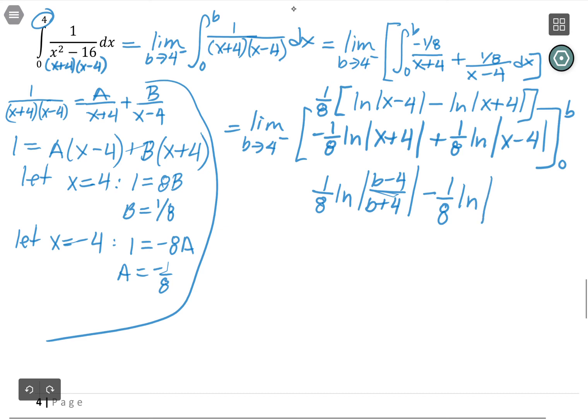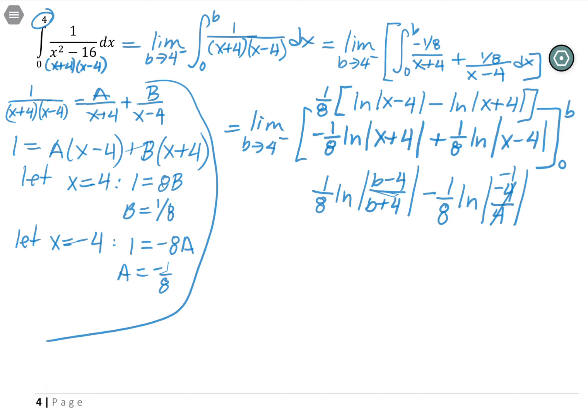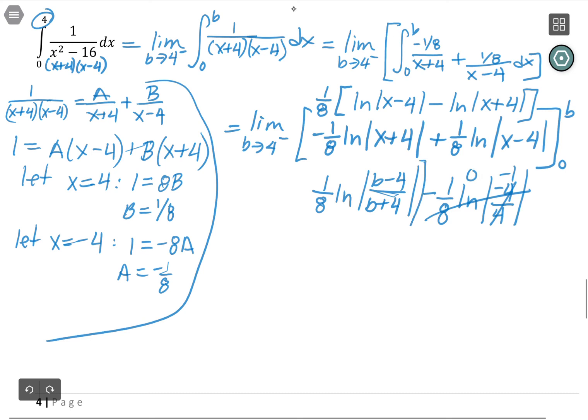So absolute value of, what am I doing? 0 minus 4, negative 4, over absolute value of 0 plus 4, which is 4. So this is natural log of absolute value of negative 1. So natural log of 1, which is 0. So this actually goes away, and I can just focus on the limit as b approaches 4 from the left.